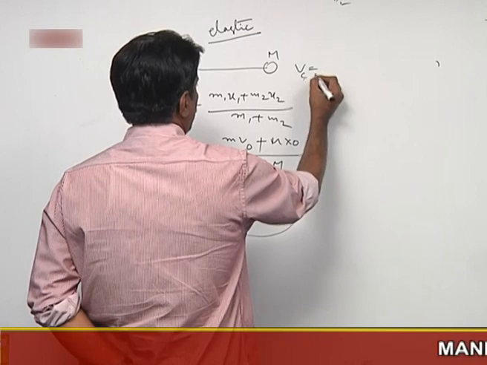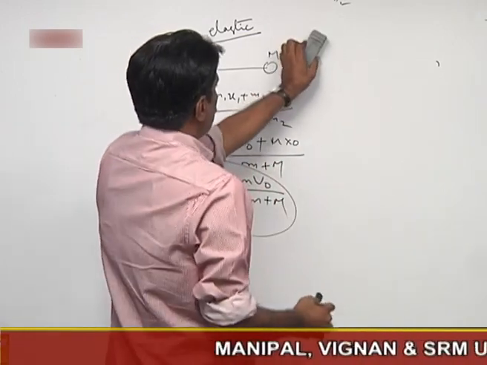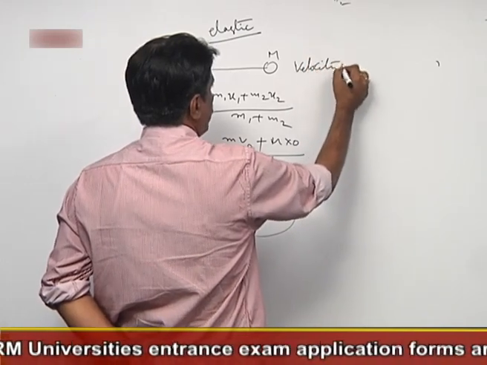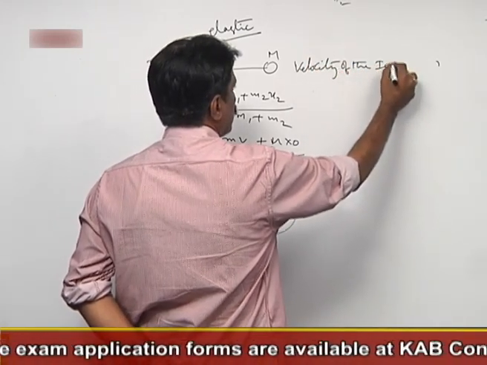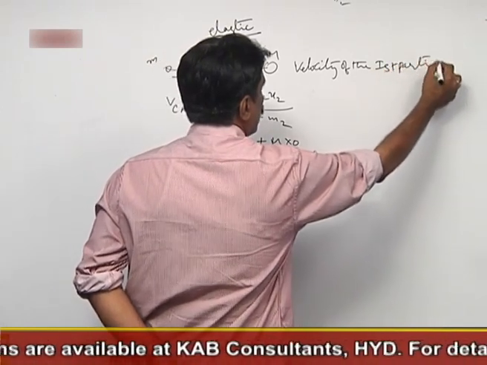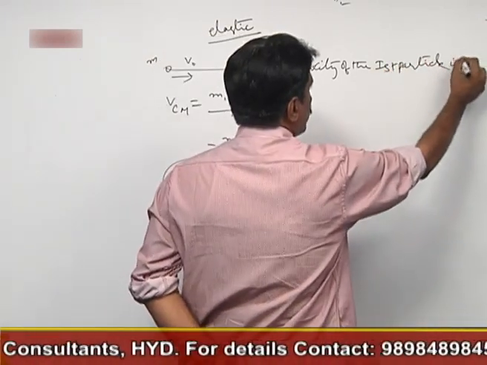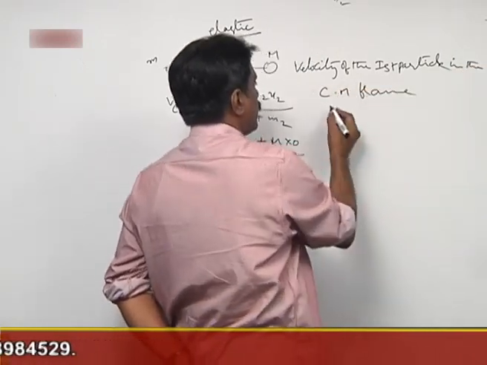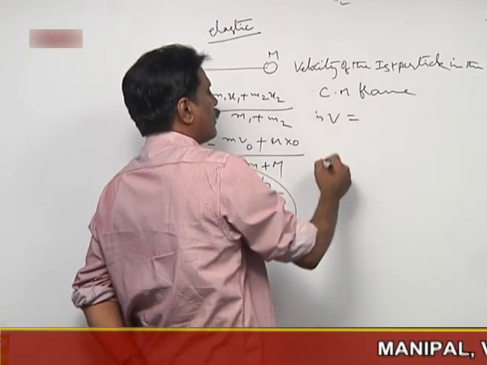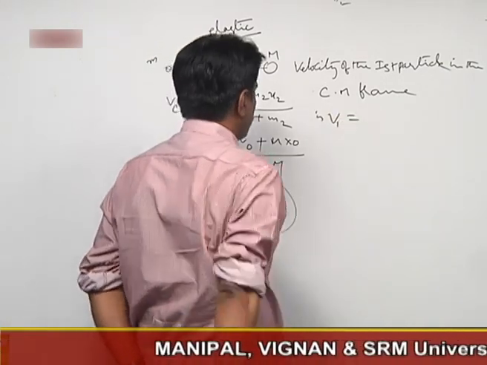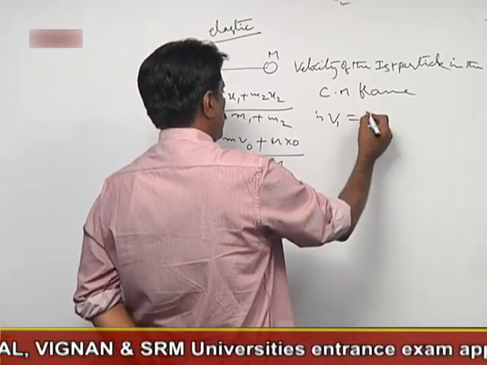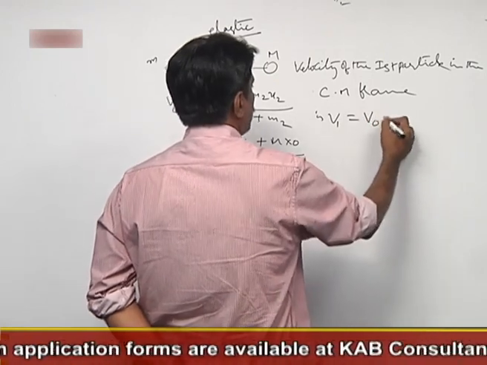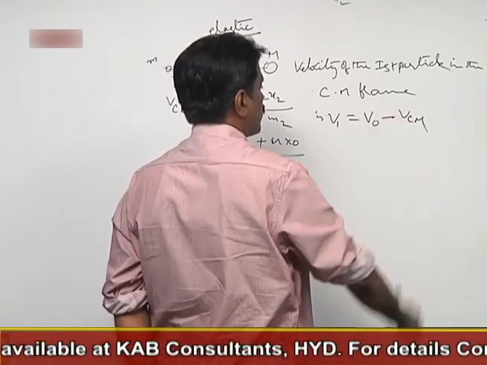It is its velocity v naught minus velocity of center of mass.